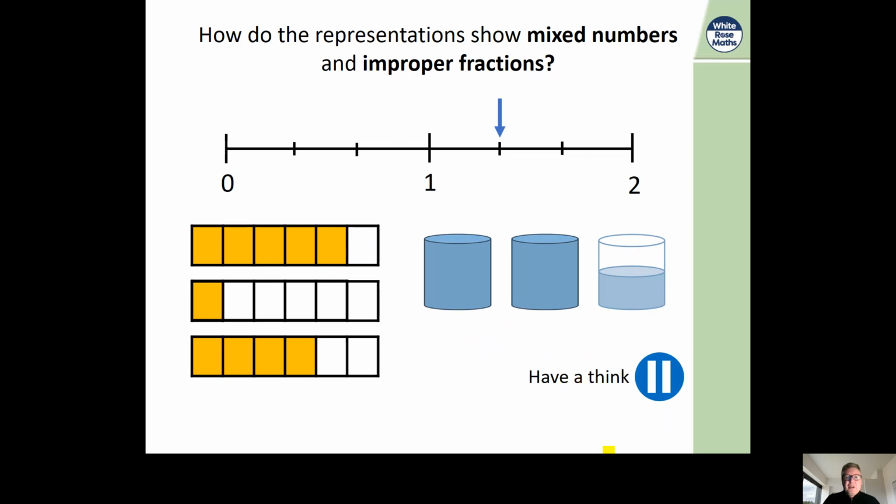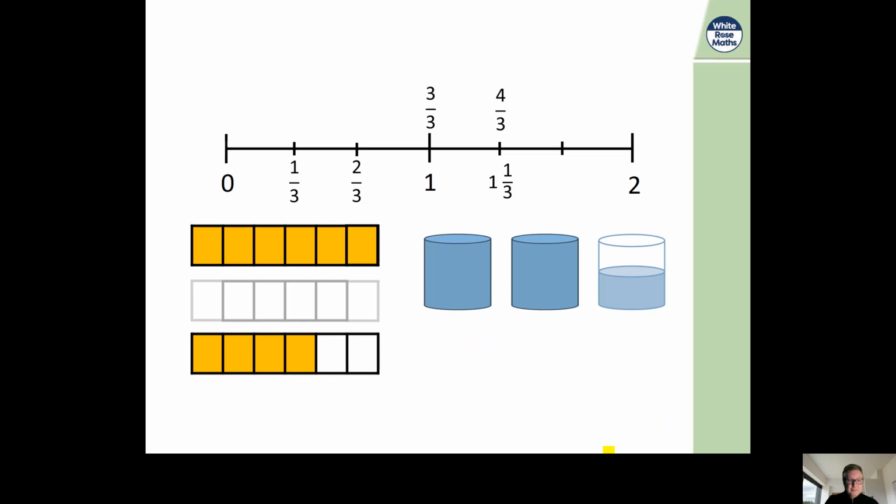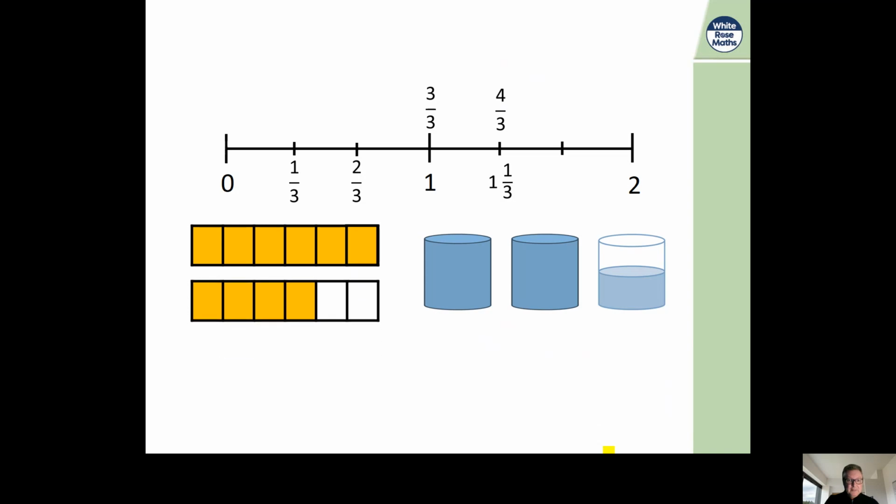How do the representations show mixed numbers and improper fractions? So have a think, pause the video. So what do you notice?